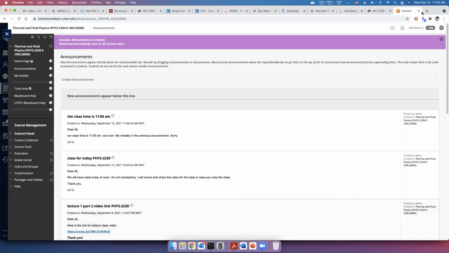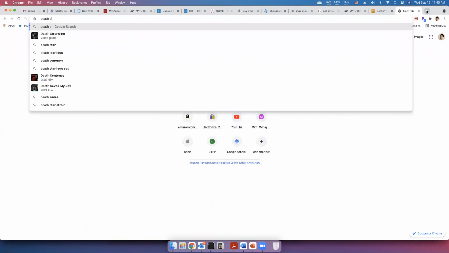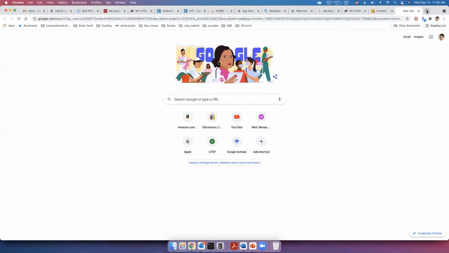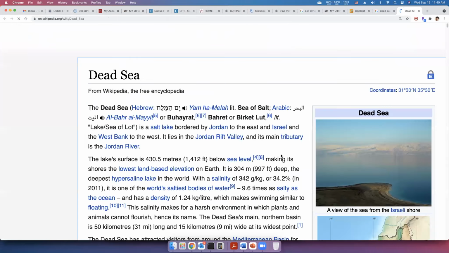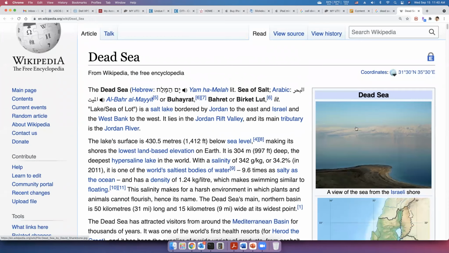Let me show you something. Is it Death Sea or Dead Sea? For the Dead Sea, many of you may know this phenomenon because it's a sea of salt. The density of salt is really high.